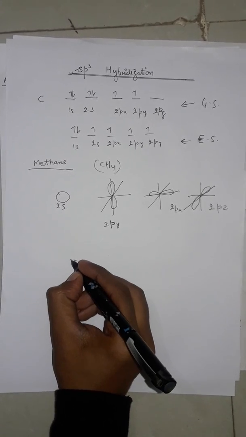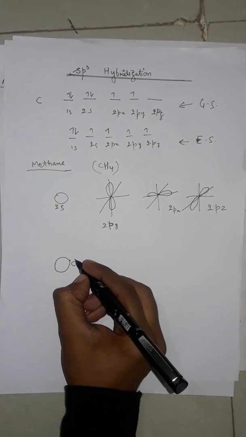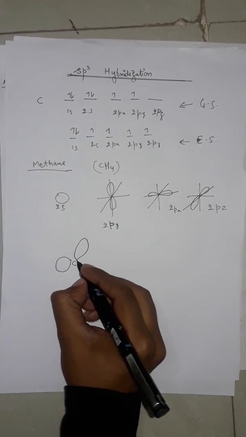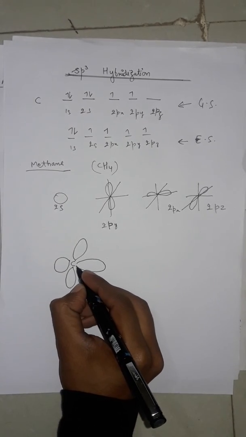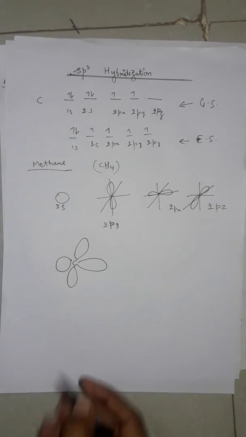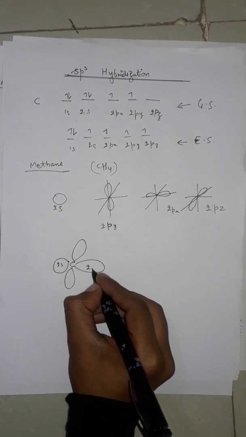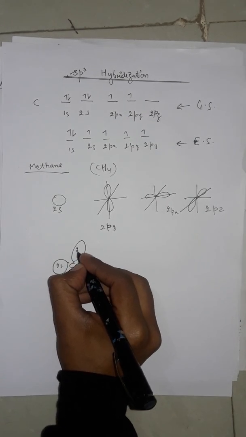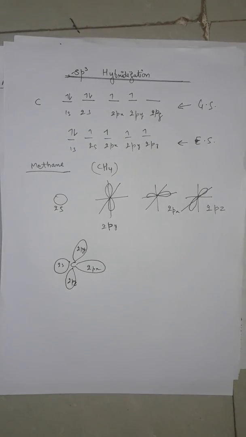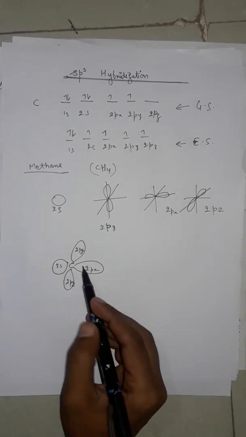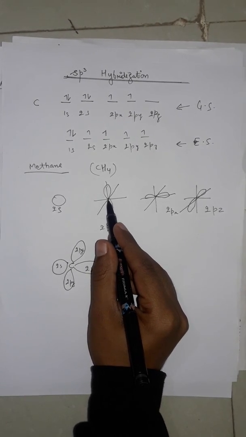This is the carbon atom, this is 2s, this is 2px, this is 2py and this is 2pz. Here one thing I want to mention, that I have not shown the other side of these orbitals.